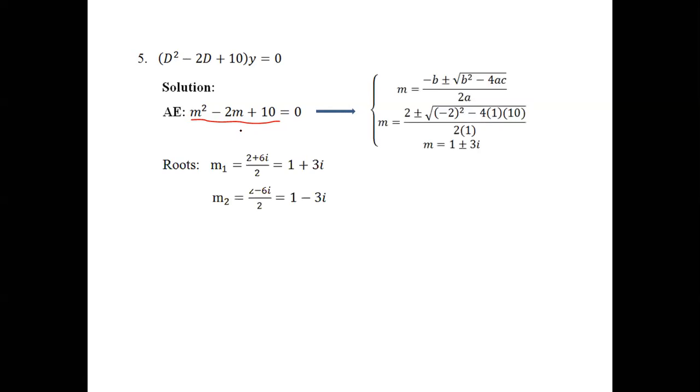Otherwise, this will have you get stuck somewhere. So m squared minus 2m plus 10 equals 0 is the auxiliary equation. After studying this, we found that it could not be solved using the usual means. So instead, we demonstrated the use of the quadratic formula.